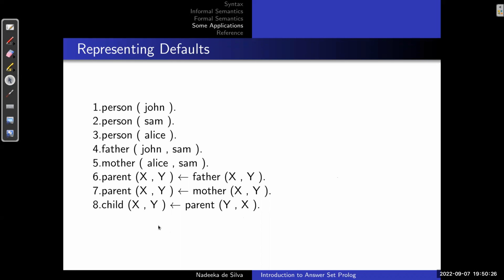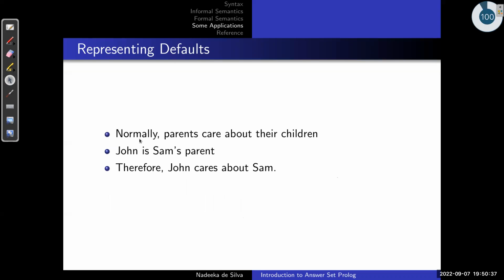Okay. Now think of a rule with default knowledge: normally parents care about their children. John is Sam's parent, therefore John cares about Sam.